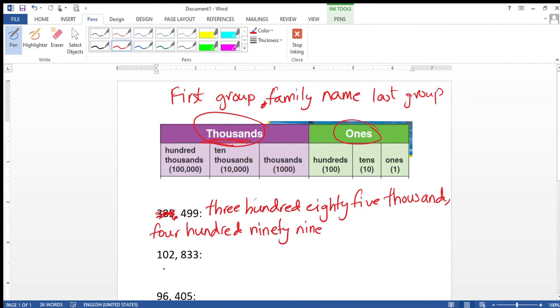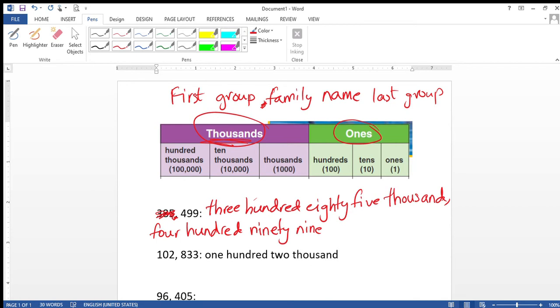Let's look at this example. Let's try typing, maybe that will be faster. In this example, what is the first group? The first group is just this, right? Forget about everything else. How do we say this number? 102. What's the family name? The family name is thousand.